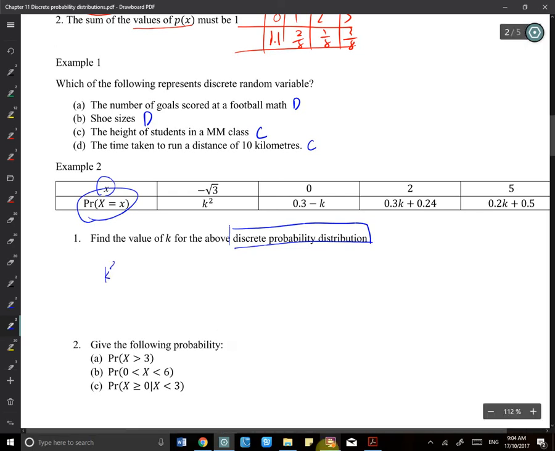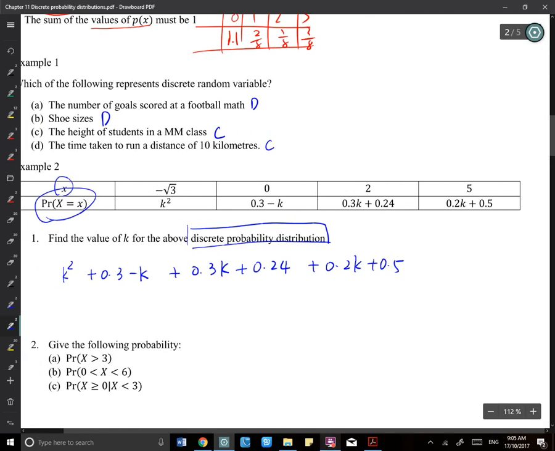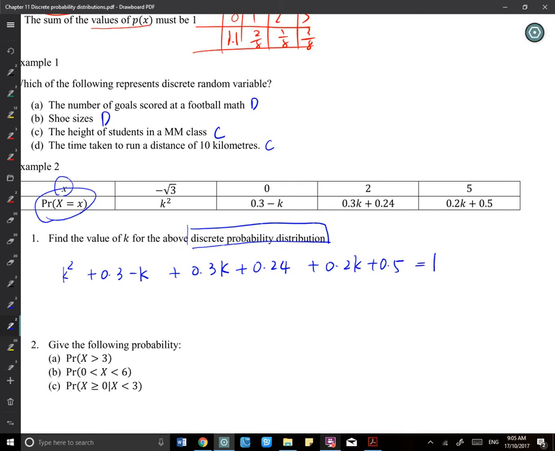So you have k squared plus 0.3 minus k plus 0.3k plus 0.24 plus 0.2k plus 0.5. That should give you 1. So let's solve for it.